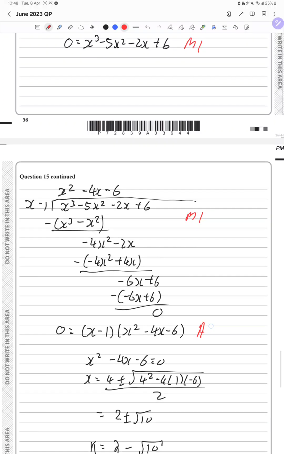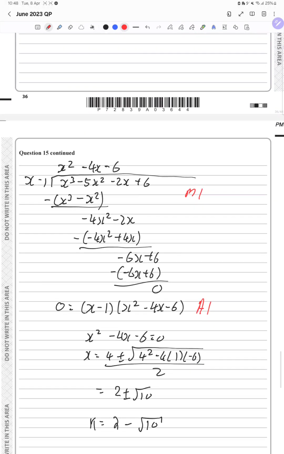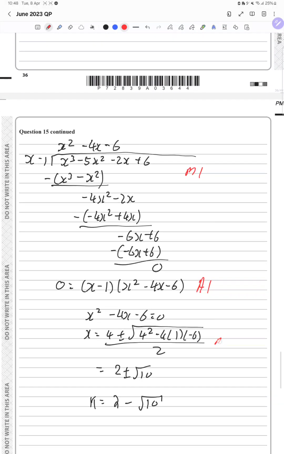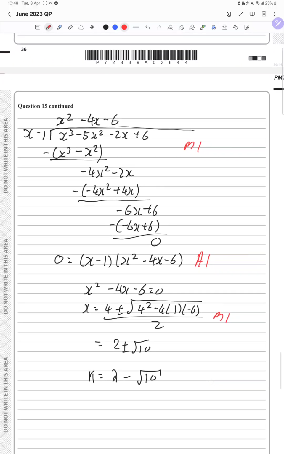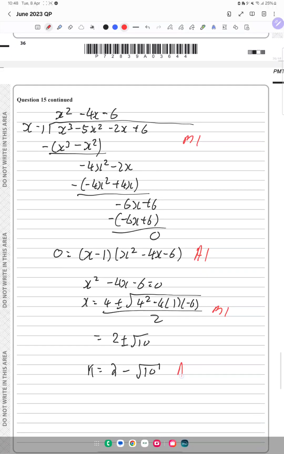A1 for getting the correct quadratic factor, M1 for an attempt to solve that, so you could have completed the square, you could have maybe factorised, I guess, or you could have divided and used the formula, and then A1 for the correct final answer.